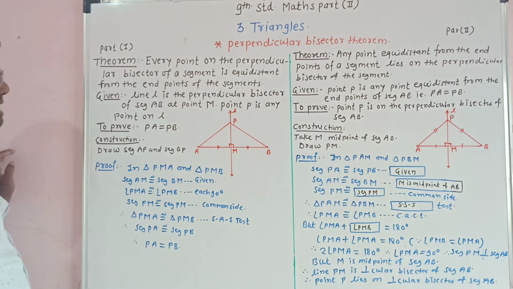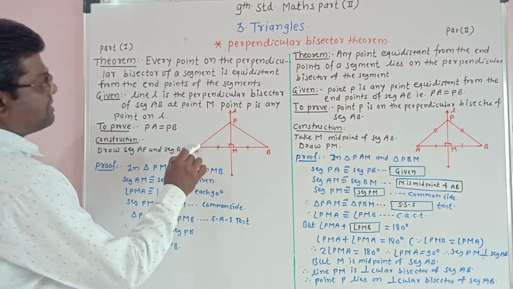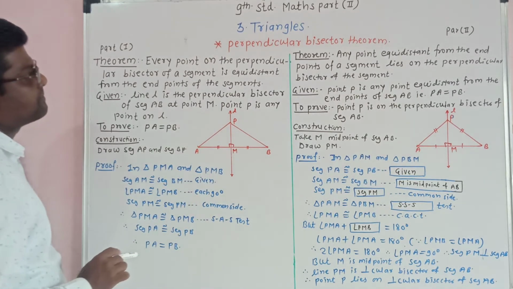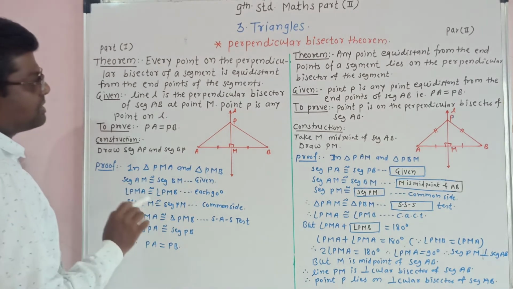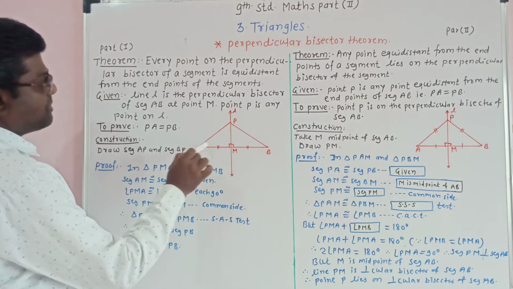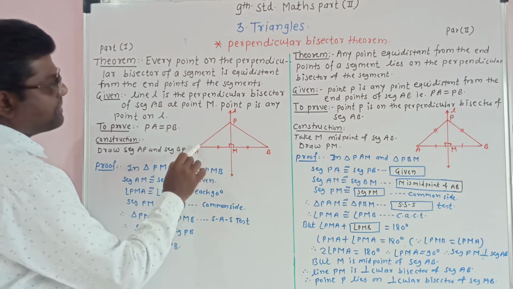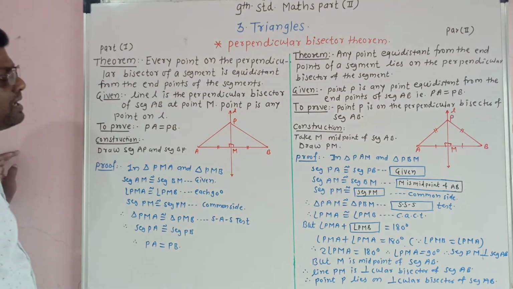In these two triangles, segment AM is congruent to segment BM. This is given, since M is the midpoint of AB, because this L is the perpendicular bisector of AB.